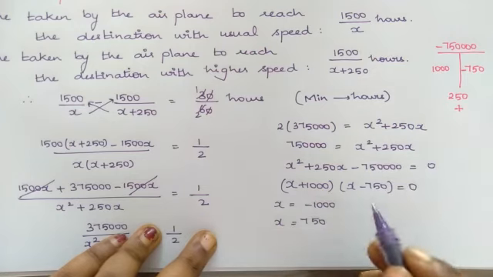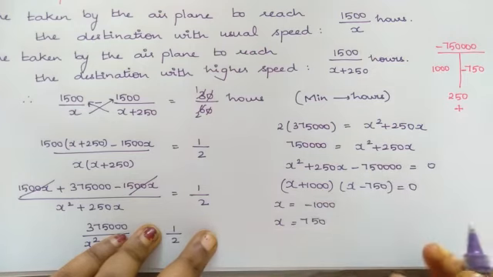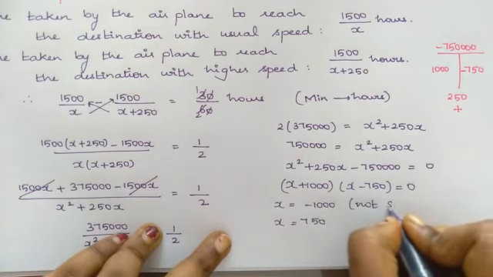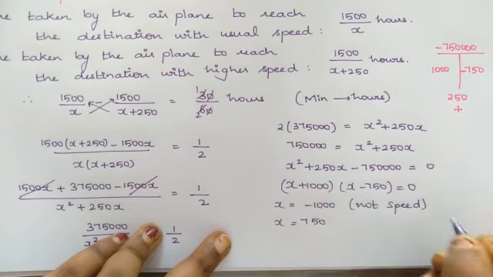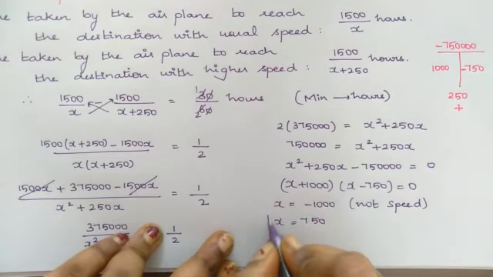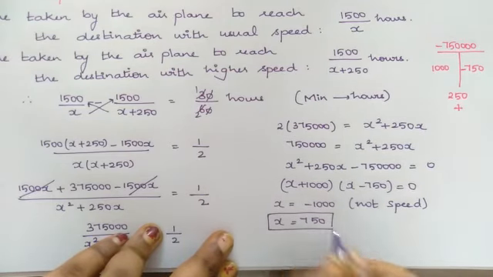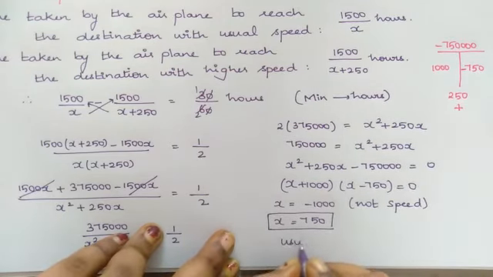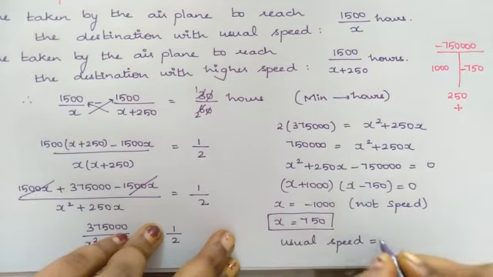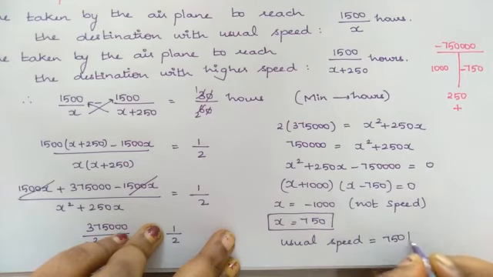Speed being negative is not possible, because we cannot have a negative speed. So x is equal to plus 750 is the only possibility. So the usual speed of the airplane is equal to 750 kilometer per hour.